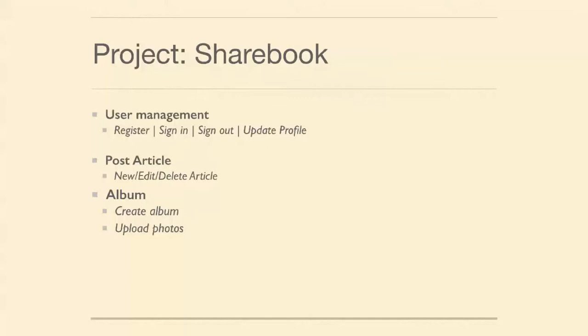We also allow them to create albums and upload their photos. Users can also follow other users and add them as friends, so they can comment on other people's articles and albums. At last, we'll put this website online.